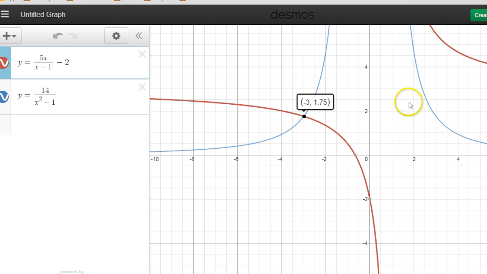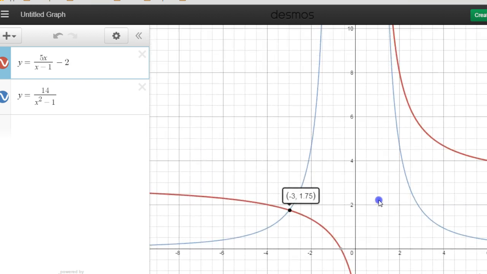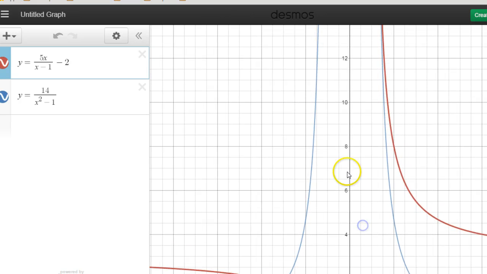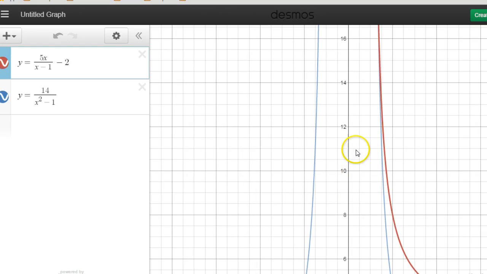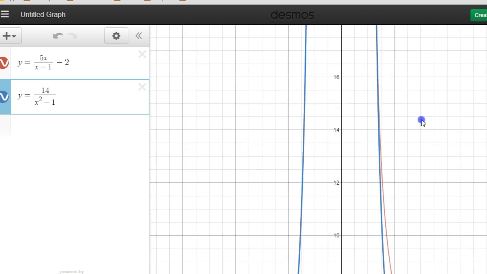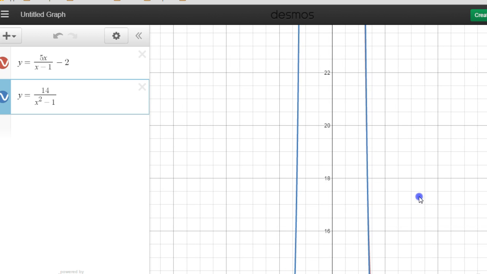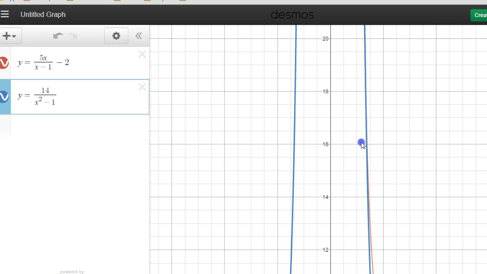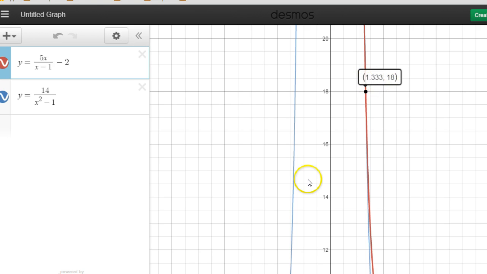There's one point of intersection right there. And it looks like there'll be another one up high, somewhere in here. It may be tricky for me to find the actual point of intersection. Alright, I found it. So one point of intersection is 1.3 repeating.